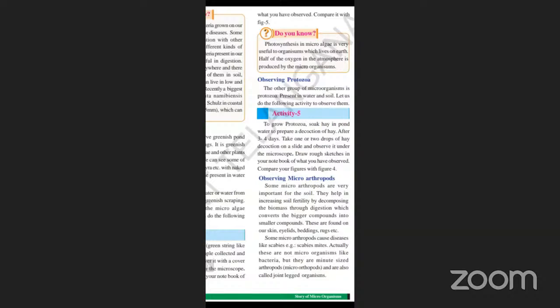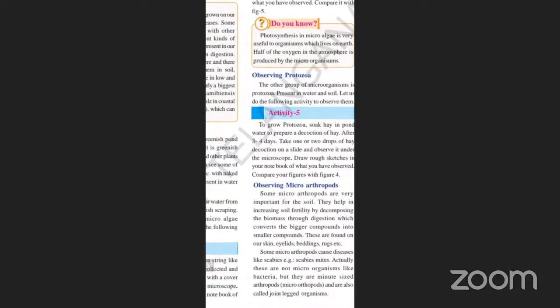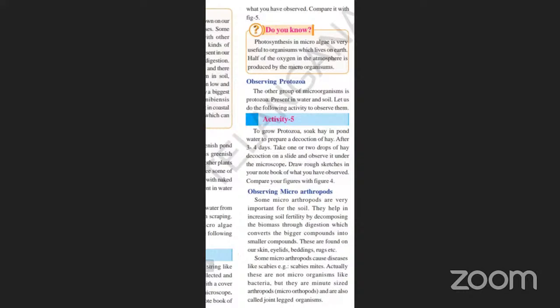Plants are giving oxygen, fine, but the excess amount of oxygen on Earth is because of algae. Half of the oxygen in the atmosphere is produced by microorganisms.